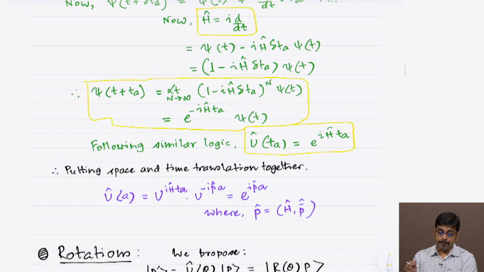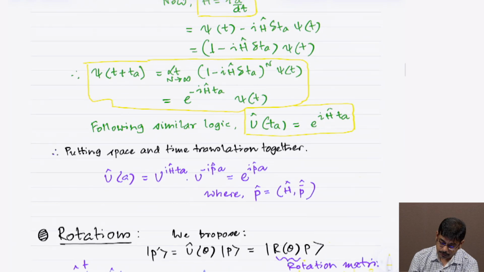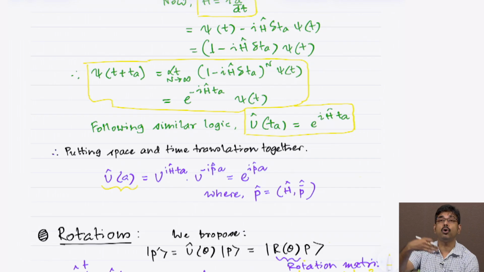Now, what I can do is put the space and time together, and I can say that this u a operator which acts on the 4 space time points will have e to the power i H t a into e to the power minus i p dot a, and you can simply say this is nothing but e to the power i p hat dot a.